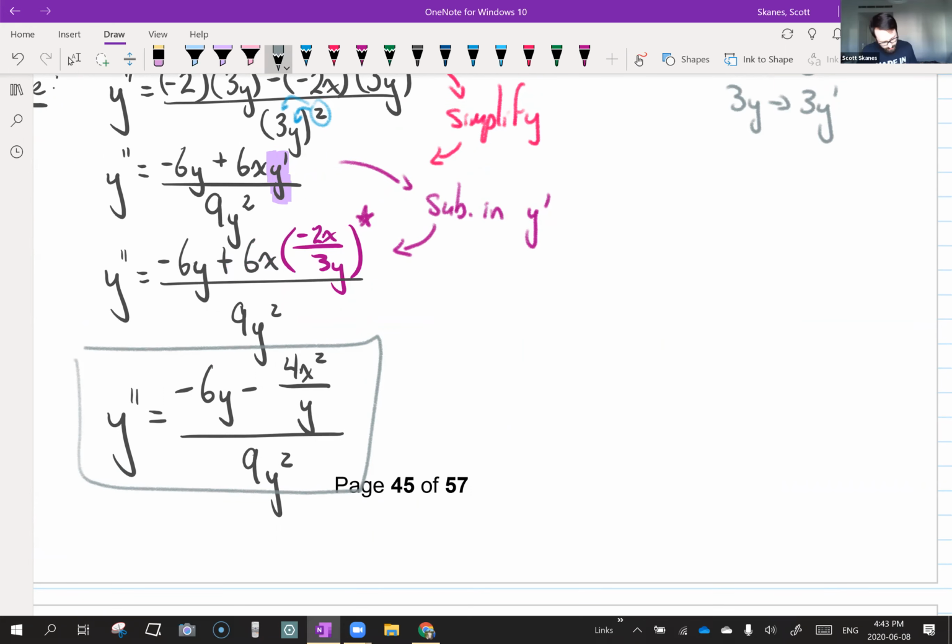The same thing. To simplify, I just did this, all right? So I'll write out on the side, 6x over 2x over 3y. I can see that this is 6 times negative 2 divided by 3. 6 times negative 2 divided by 3 is 12 over 3, or 4. So that's all I did for that question.